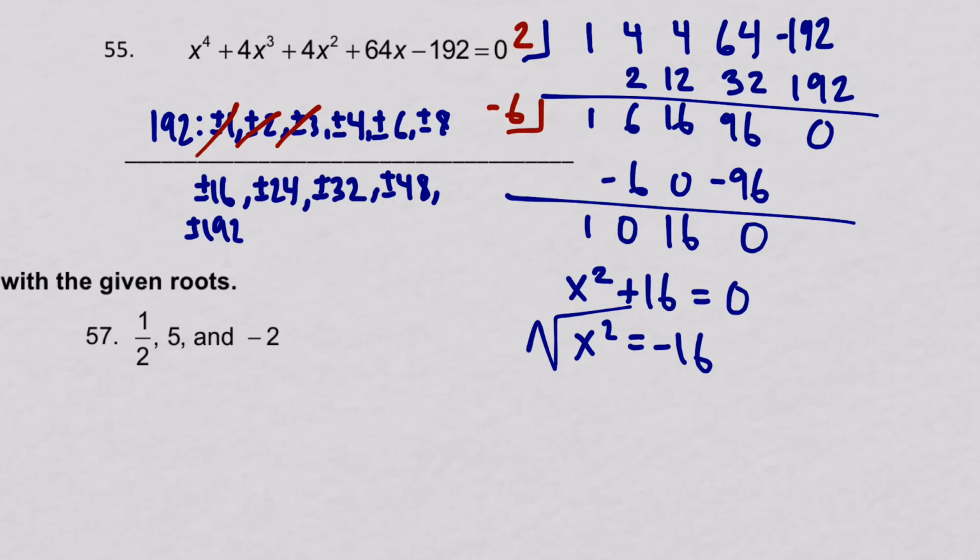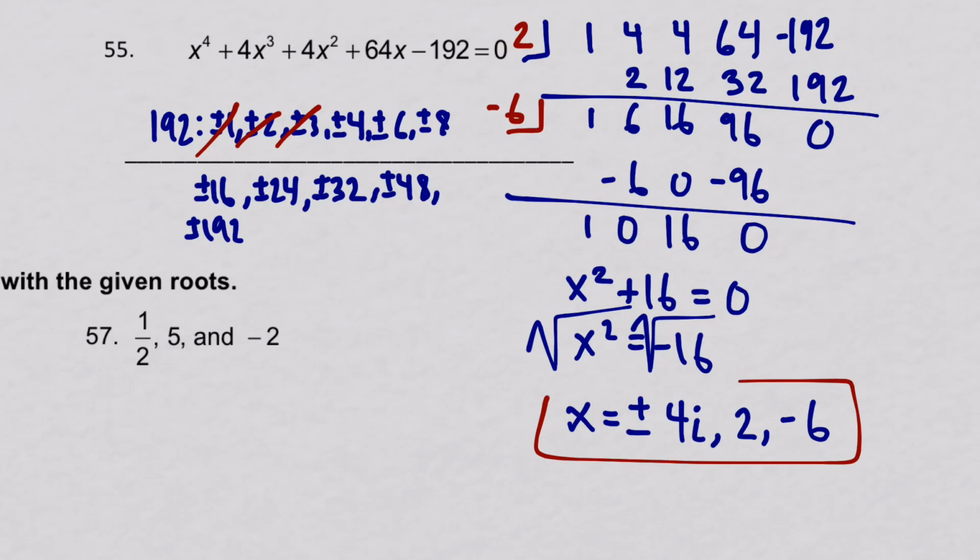Take the square root of both sides, and I'm going to get x equals plus or minus the square root of 16, which is 4, but notice that negative inside, so it's going to be 4i. There's two solutions right there, and the other two are the ones that we just found already, which are positive 2 and negative 6. There's all of my zeros. That took a while.